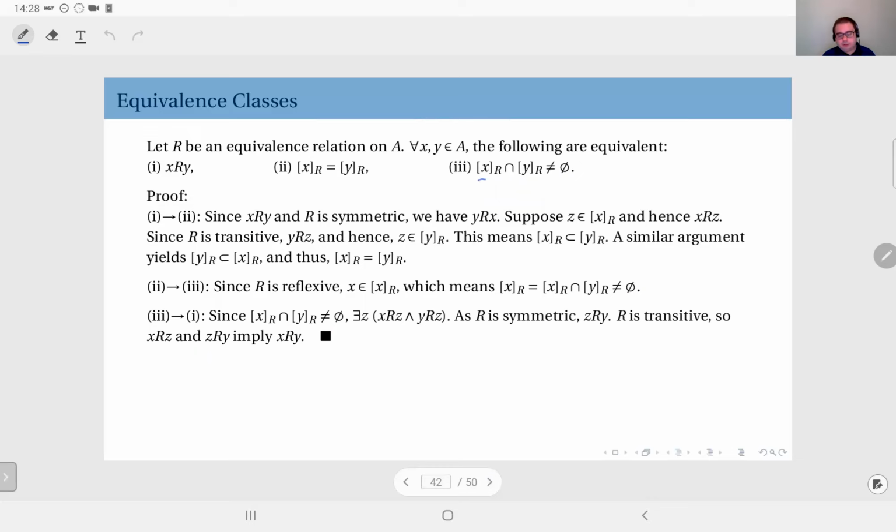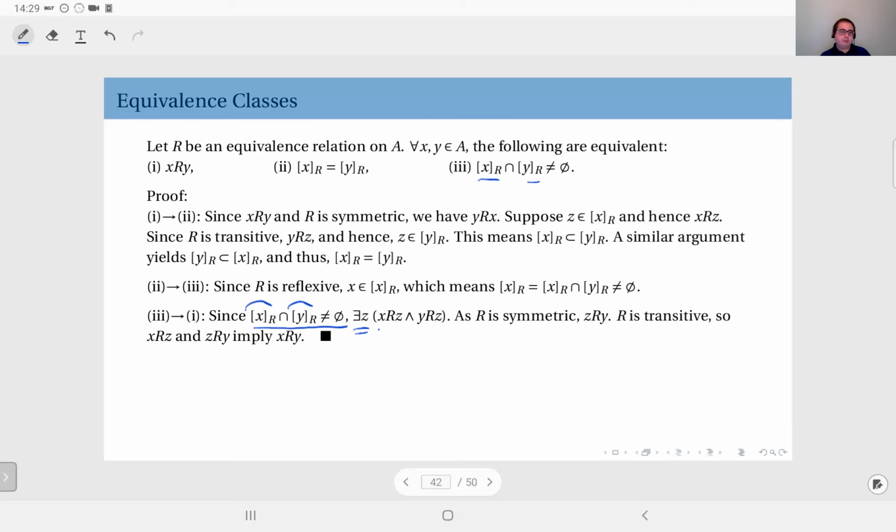Okay, the equivalence classes of x and y, when you take the intersection, it's not empty. That means there is at least one common element. That means there exists a z value such that z is both in this set and in this set, which means x is related to z and y is related to z.